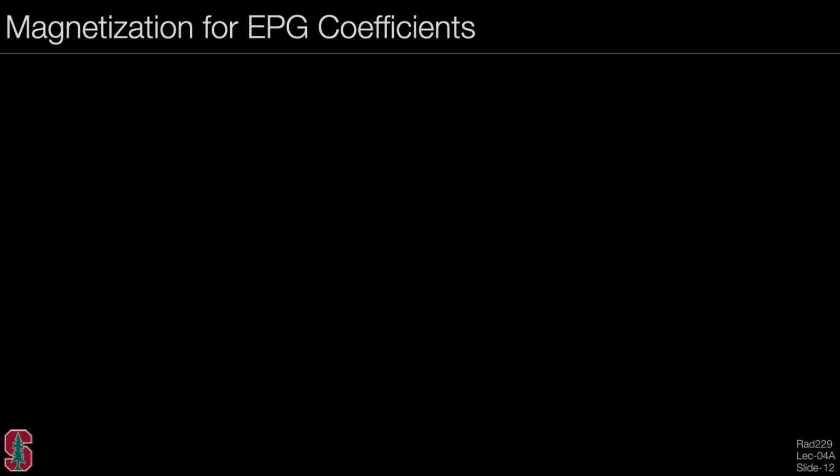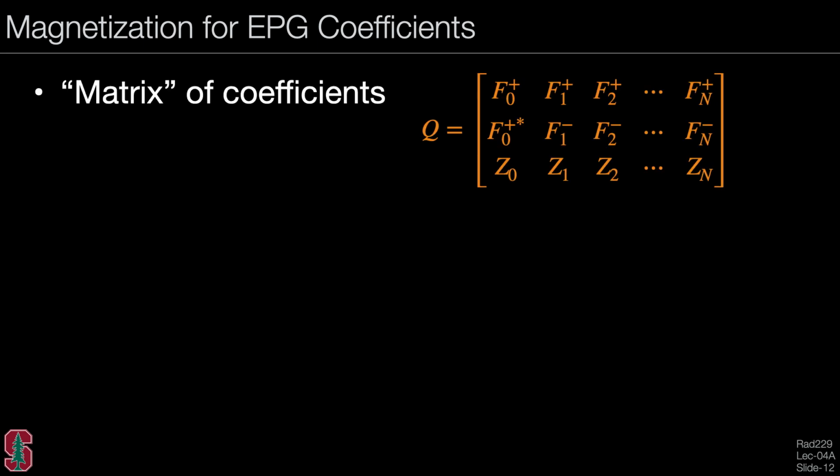We're now going to look at the reverse, where we start with the EPG coefficients, and we look at what is the magnetization that corresponds to those coefficients. So often we're going to see our EPG coefficients written in a matrix like this. Here, the F positive coefficients are along the top row, the F negative coefficients are along the second row, but notice that the leftmost element is the same as the complex conjugate of F plus 0.